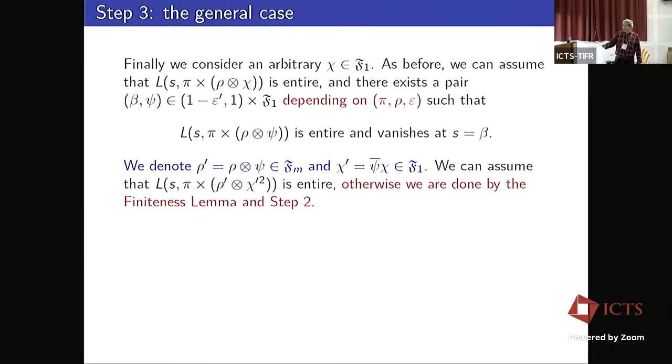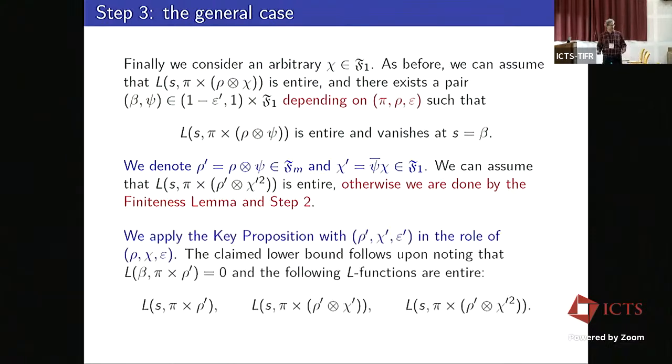So if it's not entire, then we are back to the previous case. It's very tricky, very interesting. And so because we had step 2 and we have the finiteness lemma, we get for free the assumption: we can assume without loss of generality that this chi-prime squared twisted guy is entire.